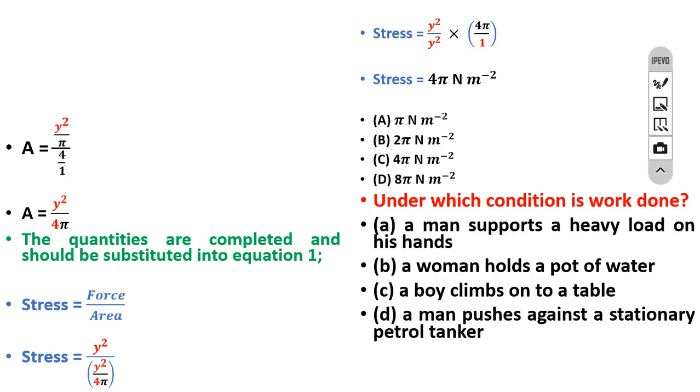A man pushes against a stationary petrol tanker. For work to be done, there must be a product of force and displacement. So all we are going to look out for is whether there is an application of force and whether there is any form of displacement. So if we don't have any, then it is assumed that no work was done.